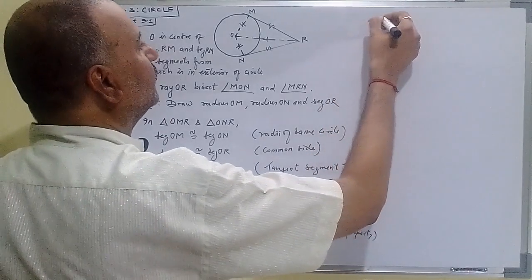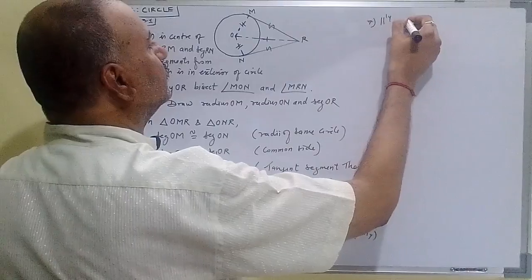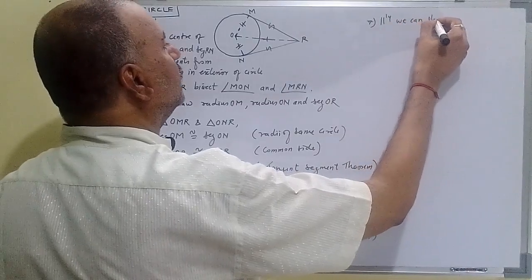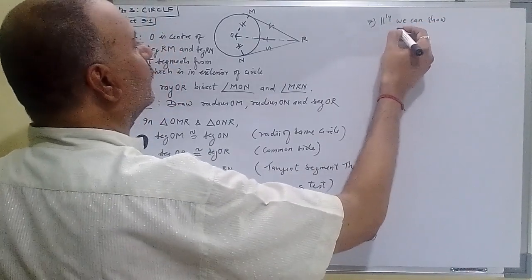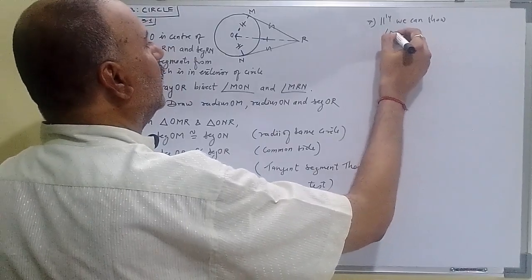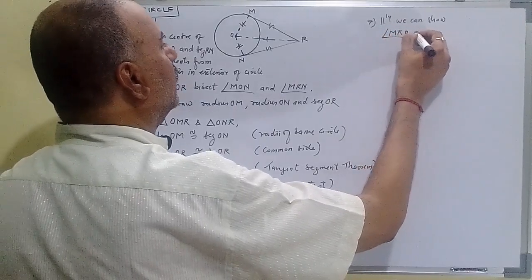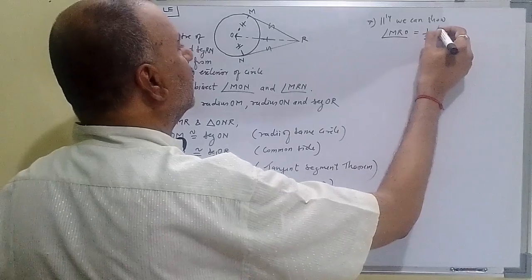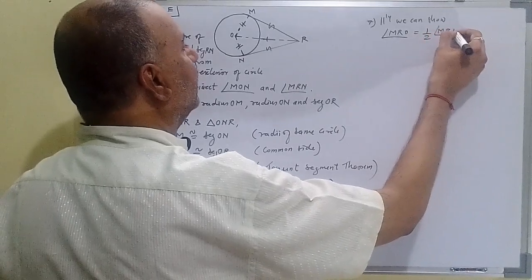Similarly, we can show angle MRO equal to half angle MRN.